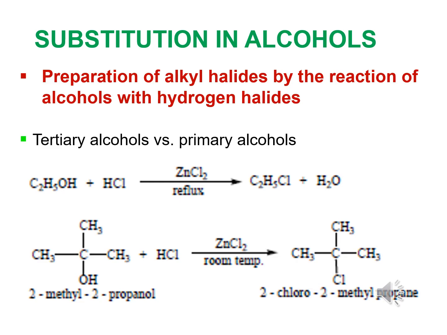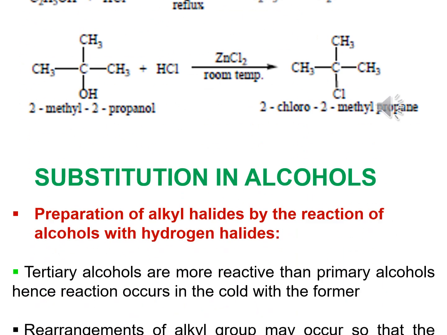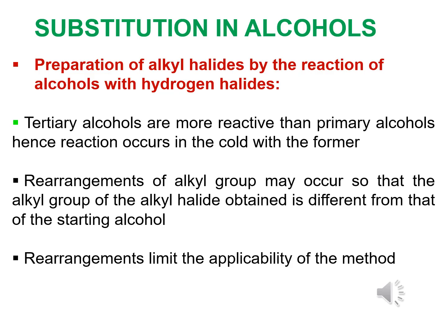But when added to primary, the reaction is unresponsive, even at times when heat is added. So with this, you can distinguish between classes of alcohol. Remember, in Lucas reagent, zinc chloride is a catalyst, which is a dehydrating agent.